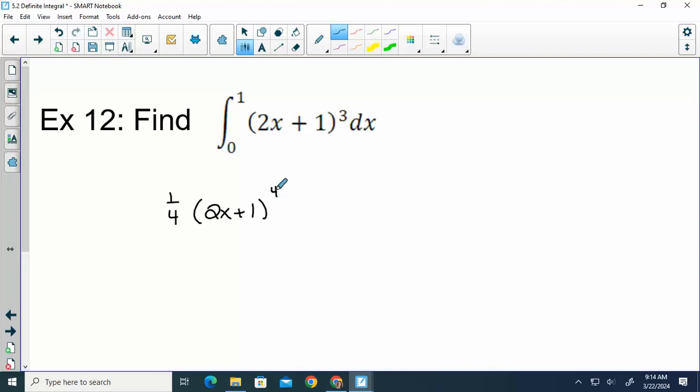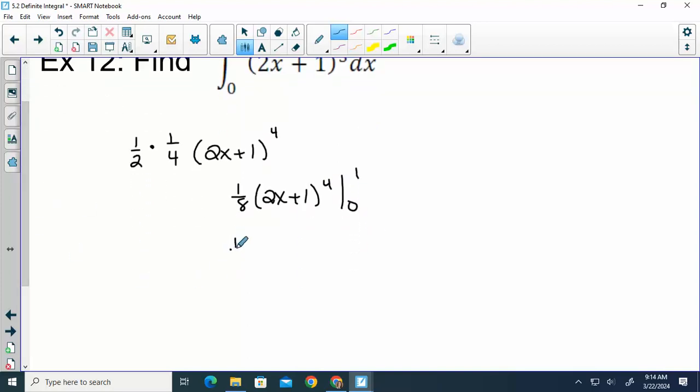Then if you were doing the derivative, 4 comes down, subtract 1, you would take it times the derivative of the inside, which is 2. So to cancel that, we have to multiply by 1/2. So this antiderivative is 1/8 times 2x plus 1 to the 4th. And we're going to evaluate from 0 to 1. So you can pull out the 1/8 if you want.